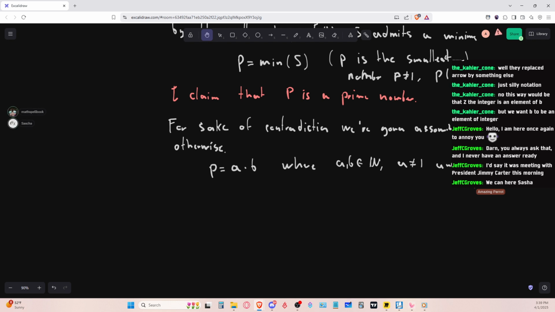Well, obviously they're not equal to 1 and they're natural numbers, so they have to be higher than 1 in this case. Yeah, so you're right. They have to be strictly bigger than 1, so they are bigger than or equal to 2.